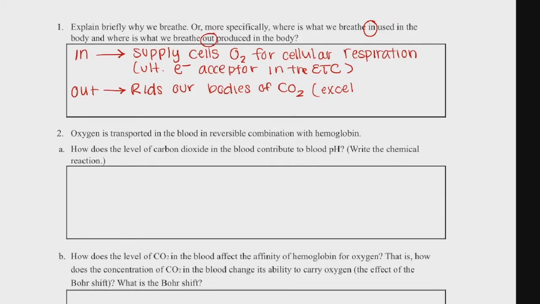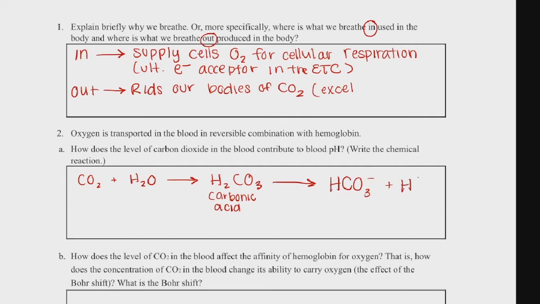Okay. 2. Oxygen is transported in the blood in reversible combination with hemoglobin. How does the level of CO2 in the blood contribute to the blood pH? So the chemical reaction for this is CO2 plus H2O can be converted into this, which is called carbonic acid. And that can further be broken down into this.